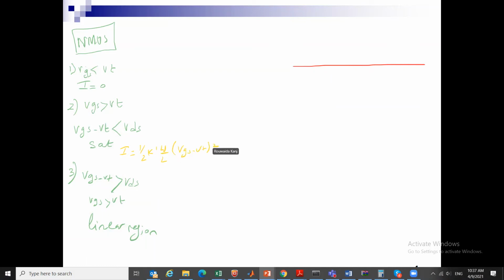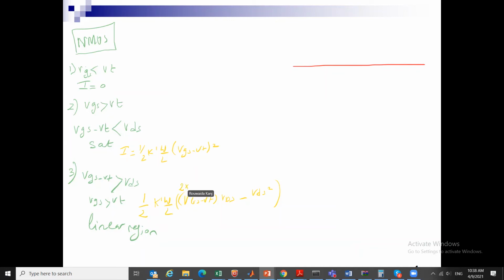And in the linear region, the current is equal to K prime W by L times VGS minus VT times VDS minus VDS squared over 2. You can remember it this way, or you can put a half outside. I think you remember it by putting a half outside and multiplying the first entry by 2, right? That's how you remember it.